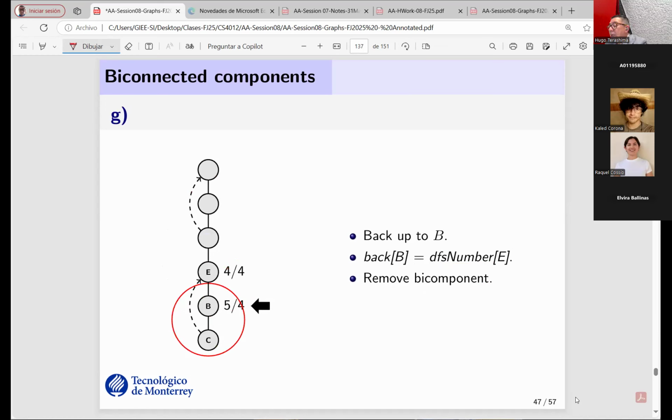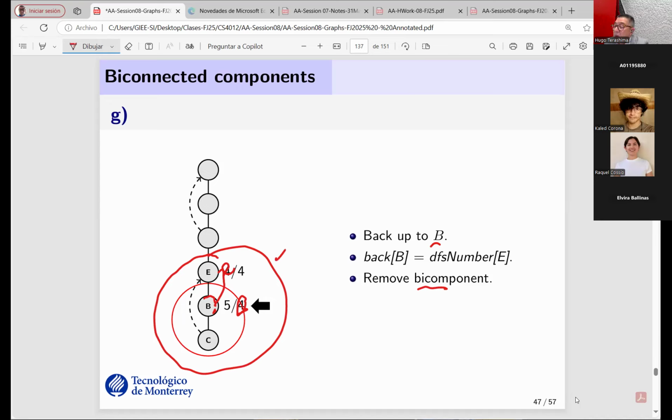right? And then you continue, you go here, and then you go back from B, right? And then you find 4 is equal to 4, so E is also an articulation point, and you have another component.